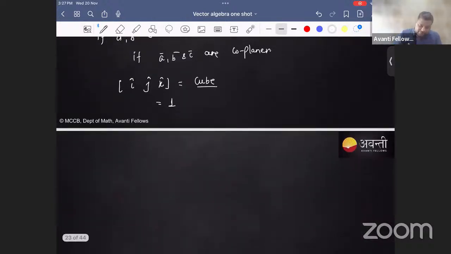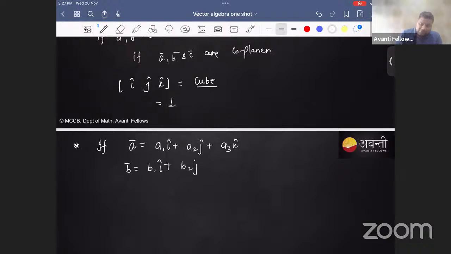Now let us assume A is A1 I cap plus A2 J cap plus A3 K cap. B is B1 I cap plus B2 J cap plus B3 K cap. And C is C1 I cap plus C2 J cap plus C3 K cap.